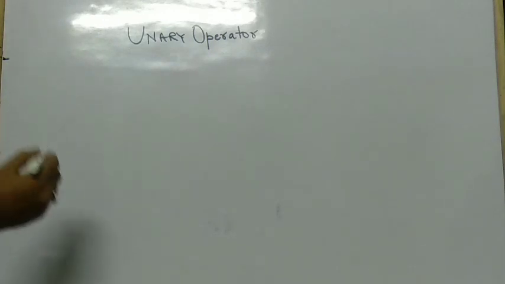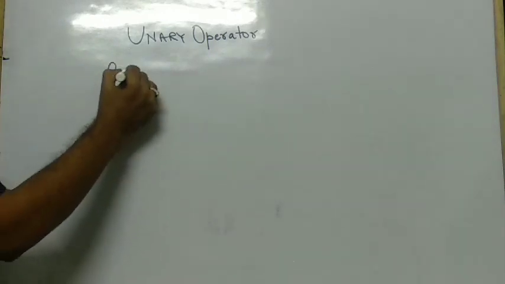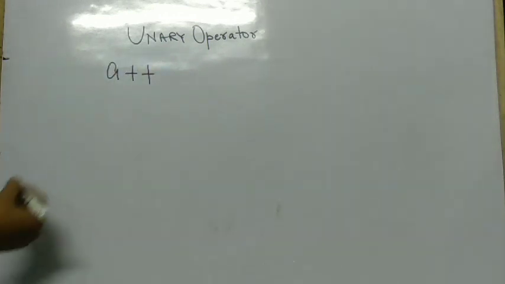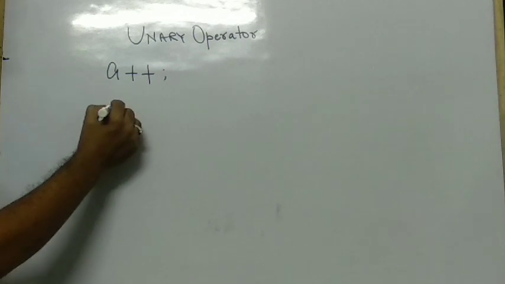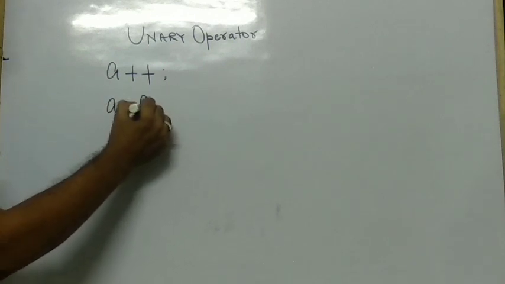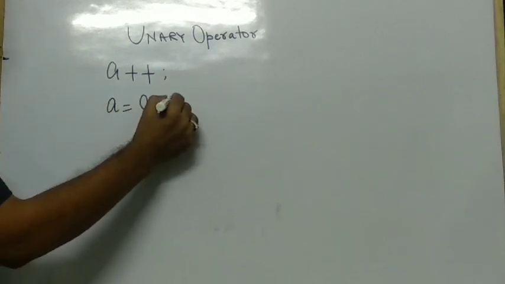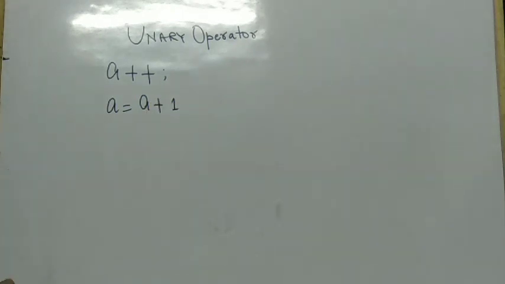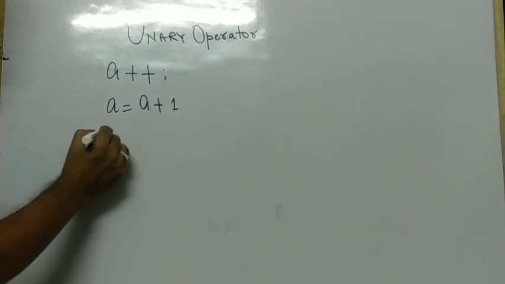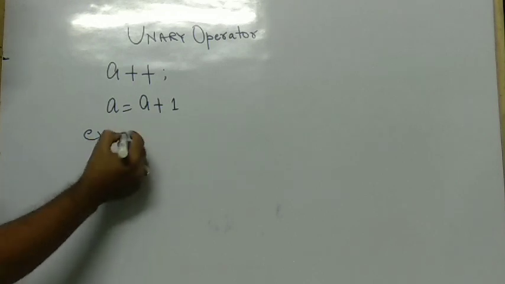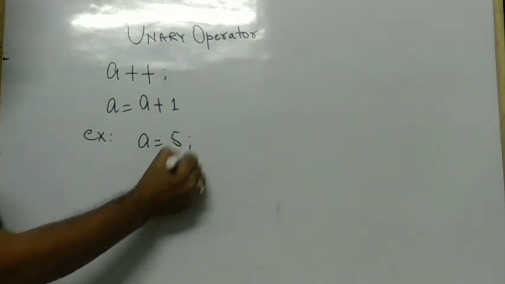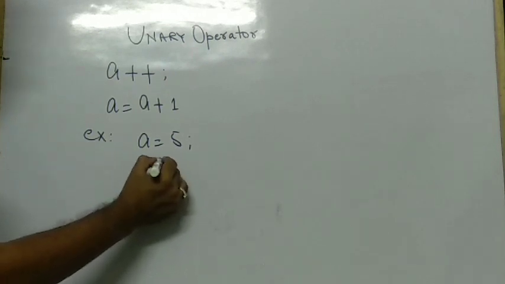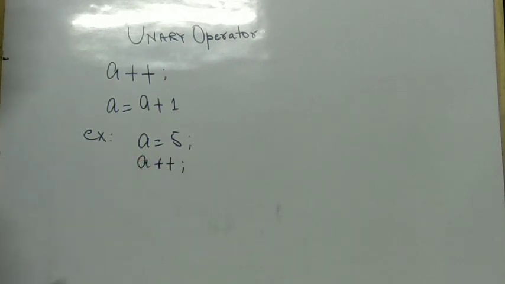Suppose if I write a plus plus, then what is the meaning of a plus plus? The meaning of a plus plus is a equals a plus 1. Okay, take an example. Suppose the value of a is 5 and we use a plus plus.